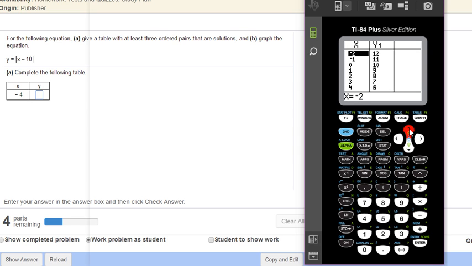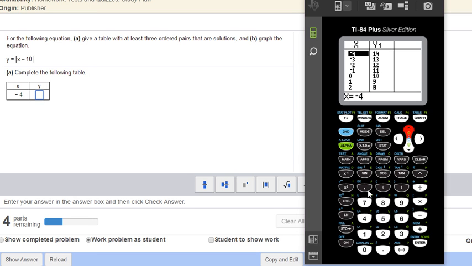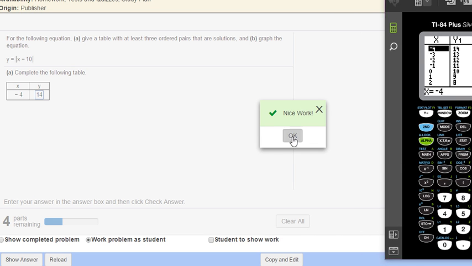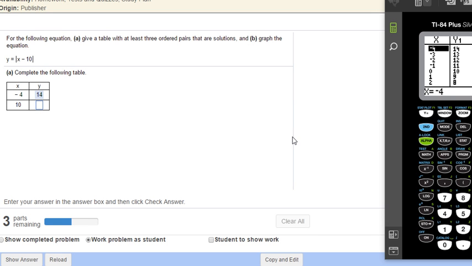At that point, I can arrow up to -4, and I can see that in this particular case, positive 14 is my solution, and I click on it, and it tells me, yeah, good job, you did great. I click OK. It brings up another one. It says 10, so I go back to my calculator, I go down to 10, and I look and it comes out as 0.